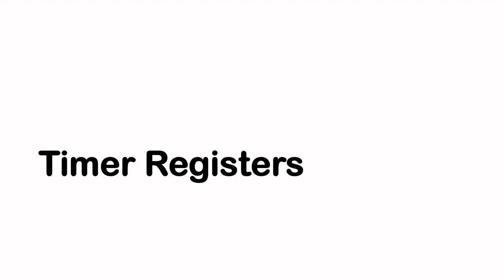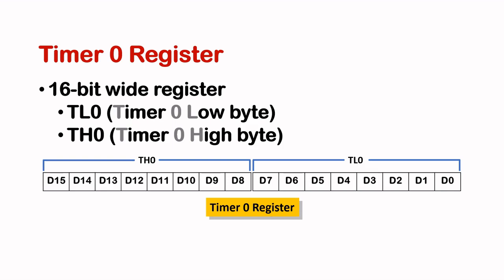Okay, now let's take a look at the timer registers. So first off, let's look at the timer 0 register. Remember, the original 8051 has 2 timers, timer 0 and timer 1. So let's take a look at the timer 0 register first. It's a 16-bit wide register.